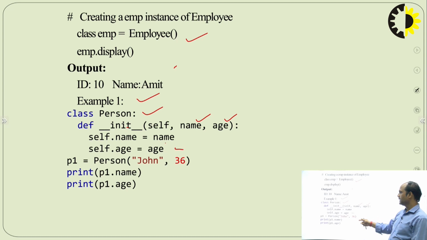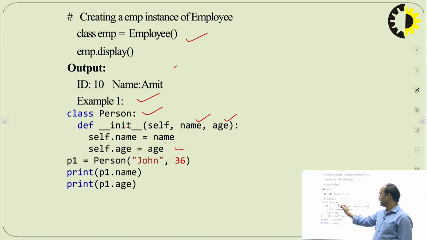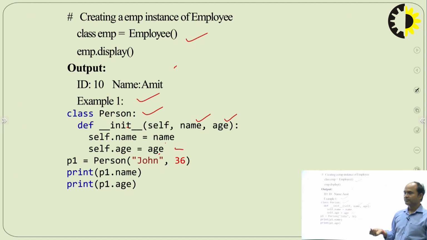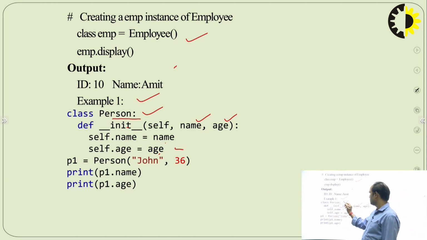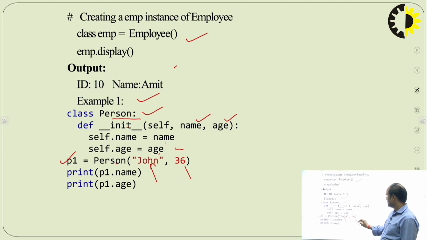We create the class by using the class keyword, and also we use the particular fields, name and age. We put values by creating the object of that particular class. Here is a class named person, and we create the object of that class as P1. P1 is equal to person John and 36. What is John? John is the particular field value and 36 is the particular field value. What is the field name?